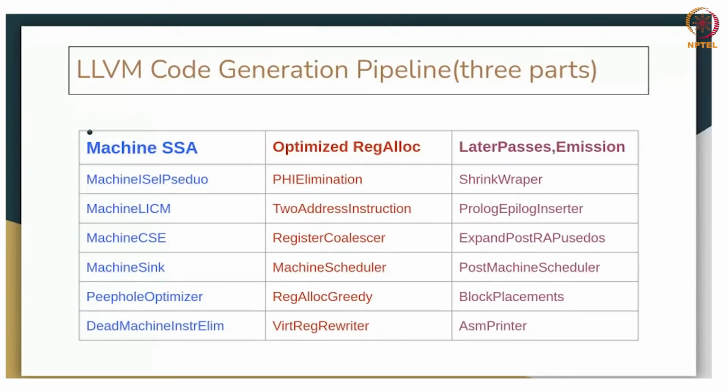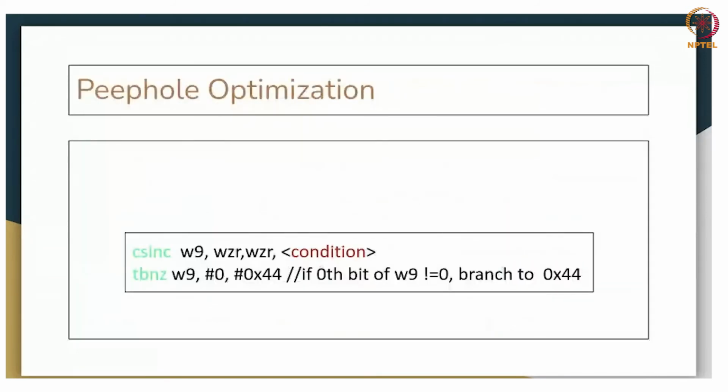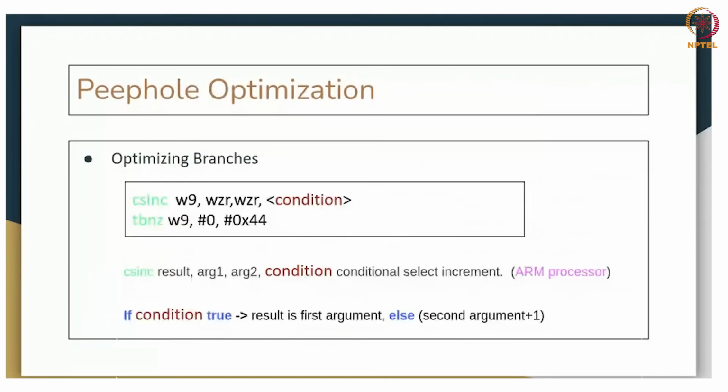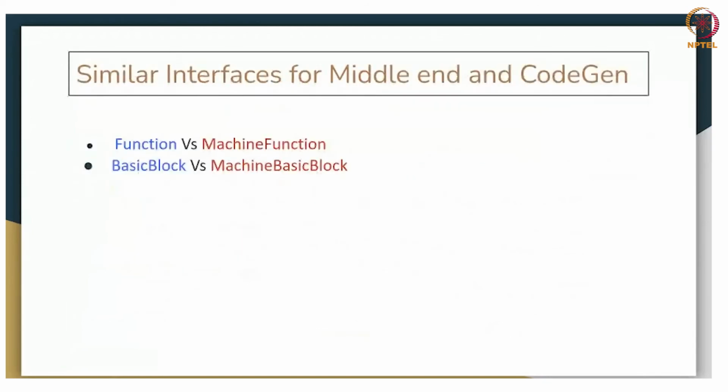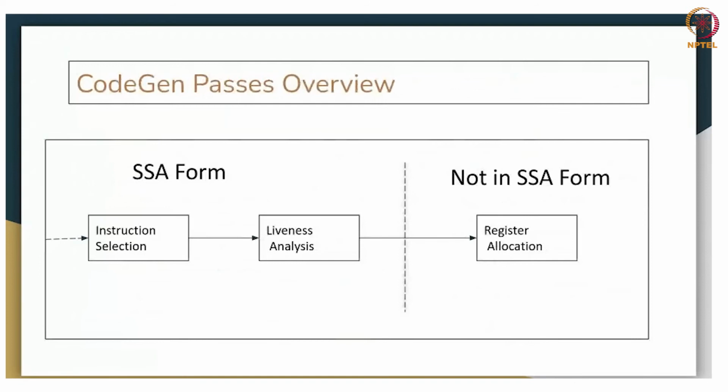It starts with phi elimination, so SSA form is not maintained. Later you print the assembly code using AsmPrinter. The optimization is again just a basic example. There is instruction selection, and even liveness analysis is still in SSA form; after register allocation, it is not in SSA.